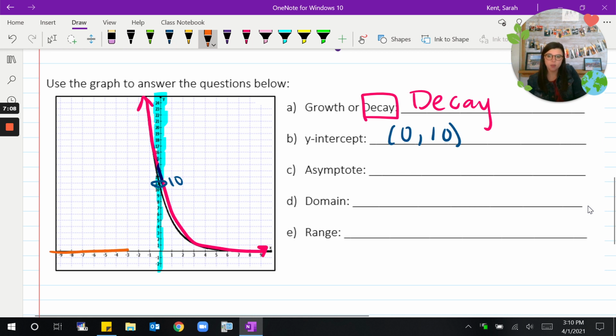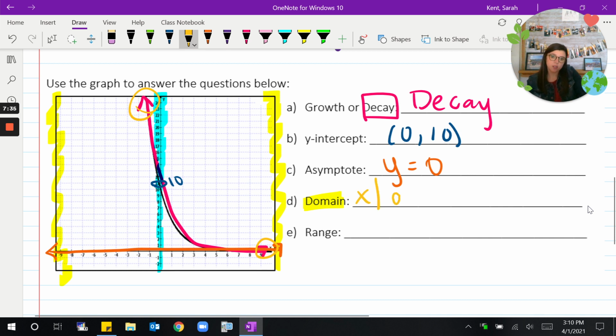All right, and then we have our 3 things that never change. Our asymptote, we can see the line here, how the black gets really, really close to the x-axis. It looks like it touches, but it does not. So that asymptote will be y equals 0. And then domain, we want to look side to side. From side to side, I can see arrow, arrow.